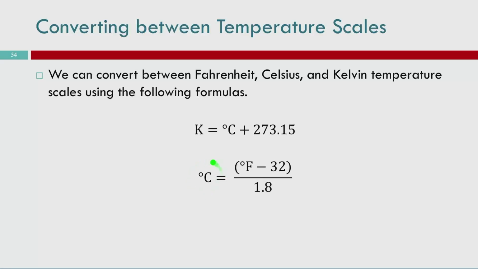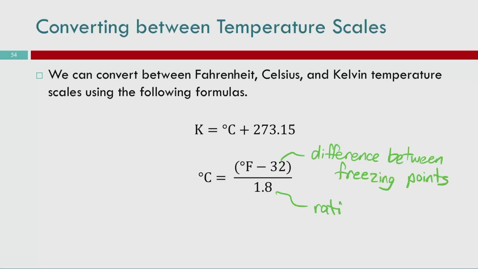If you want to convert to degrees Celsius, take your degrees Fahrenheit, subtract 32. 32 is the difference between the freezing points. This is just extra fun, optional information. And then divide by 1.8.